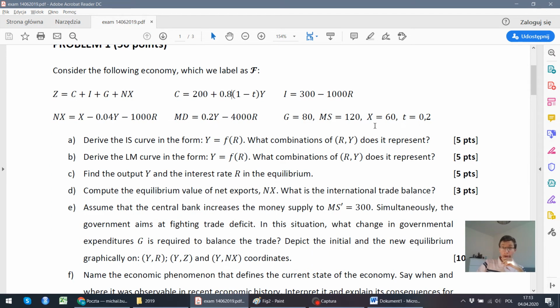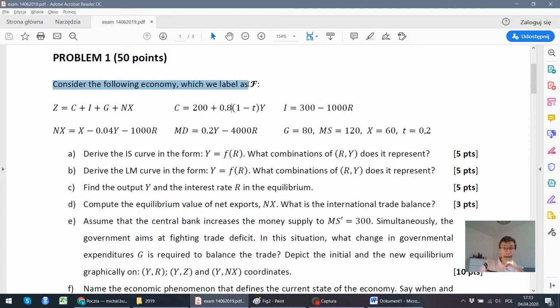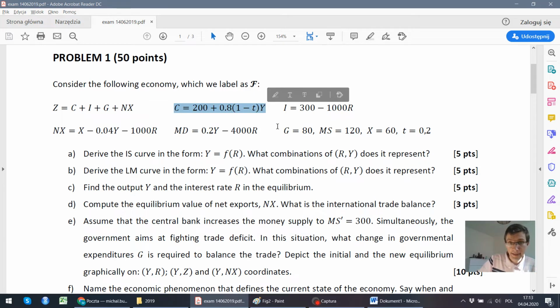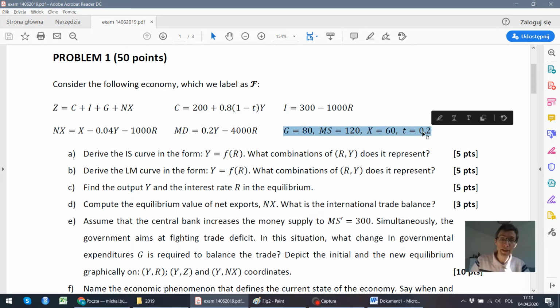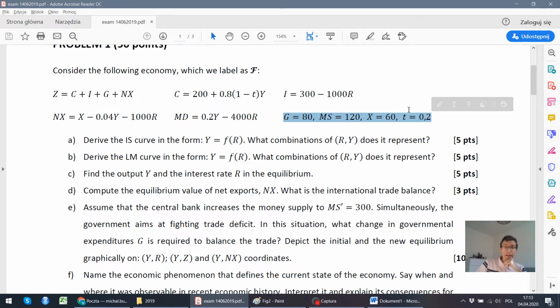Okay, so what do we have here? We have an economy that is described by the demand equation, and then exact equations for consumption, investment, net exports, money demand, and some additional variables that are important to plug in different parts of the model. So we will have both the goods market and the financial market.